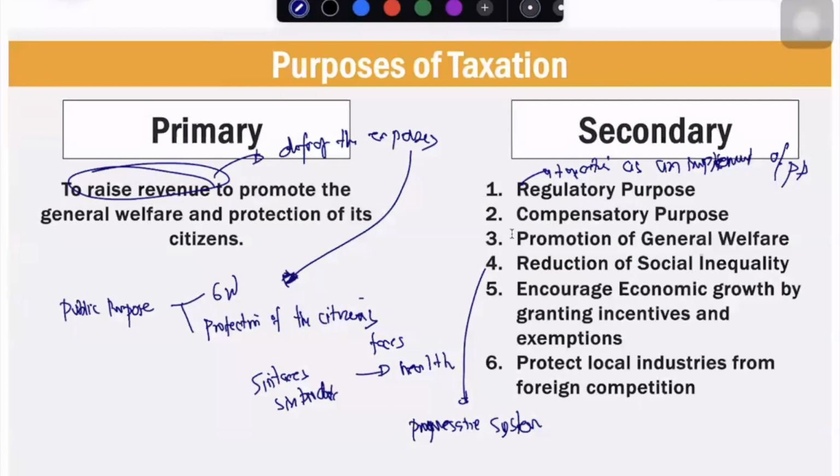Next, encourage economic growth by granting incentives and exemptions. I don't know if ever you feel this one, but I think there's a mismatch on the giving of incentives because we are trying to open up our market, but in opening up the market, we open it now to foreign investors rather than purely Filipinos.